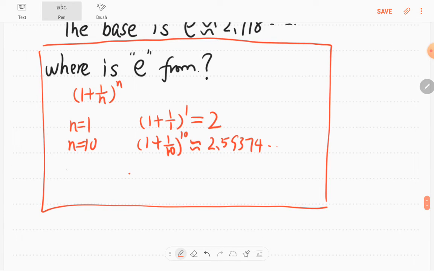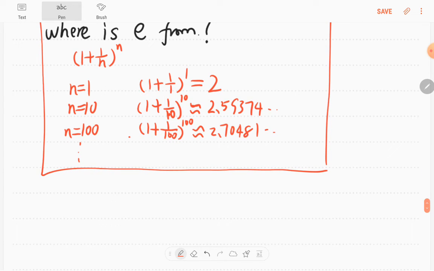Okay, and when n equals 100, then it would be 1 plus 1 over 100, to the power 100. So this is 2.70481 and so on. Then you continue this way when n is larger and larger.